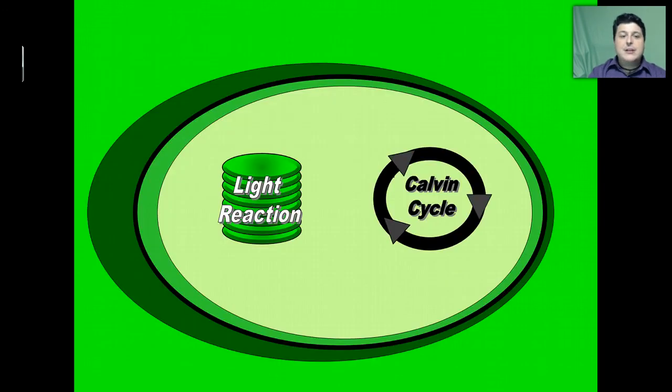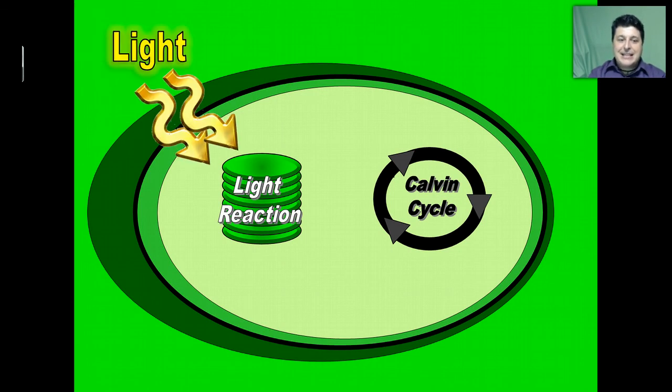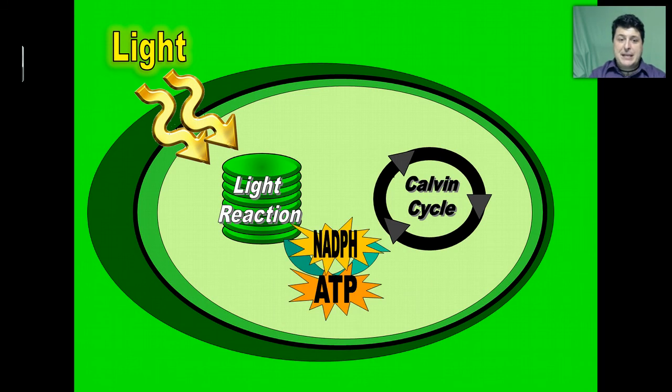So if I wanted to illustrate this in a real simplified cartoon, here's how we would start. The sunlight is going to hit those photosystems present in our grana, because it's got the green chlorophyll, so the grana is green. That light energy is going to be transferred into chemical energy in the form of ATP and NADPH.